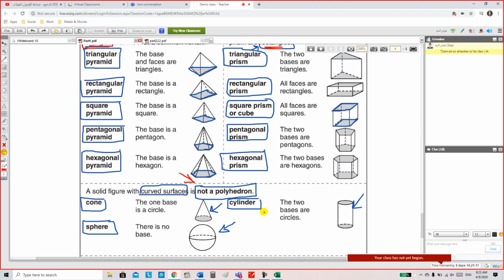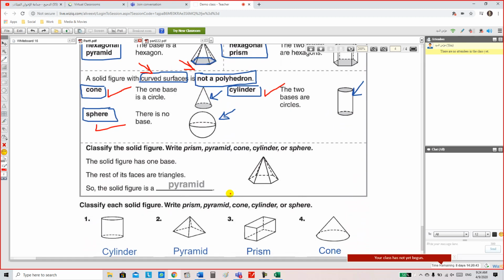Okay, let's move to the next type of three-dimensional figures, which is not polyhedron. Not polyhedron means we have a solid figure with curved surfaces, like cone, like cylinder, like sphere. And this is the shape of cone, and this the shape of cylinder, and this the shape of sphere.